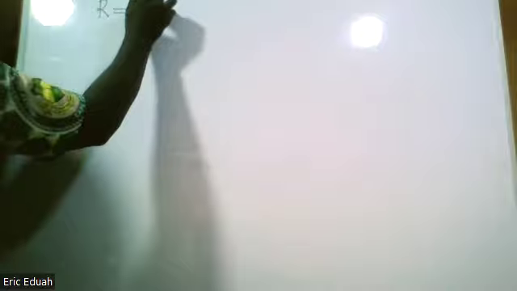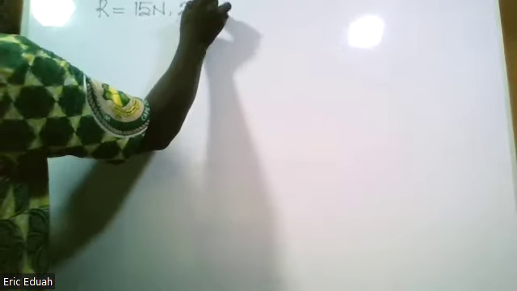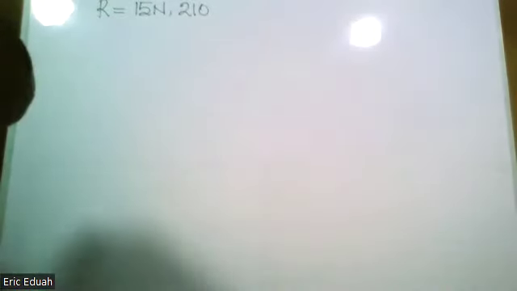So the other question: R is equal to 15 Newton acting at an angle of 210 degrees. The guiding rule is that for vectors, angular measurement is taken from the north.